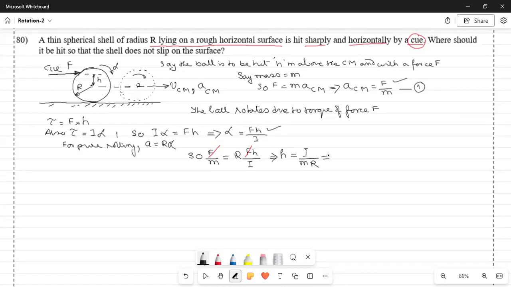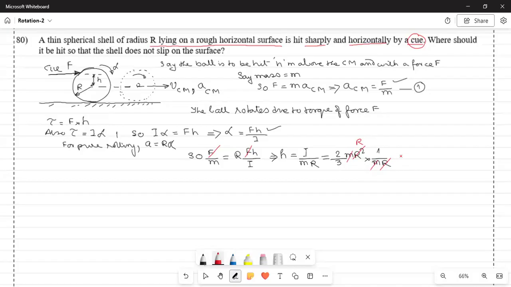Now, what is the value of I of a thin spherical shell? Moment of inertia is 2 by 3 m R square. That divided by m R, multiplied by 1 by m R. So this R gets cancelled, we are left with only one R, and m gets cancelled.